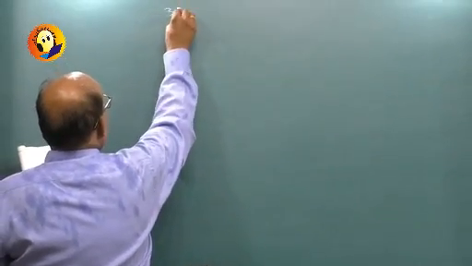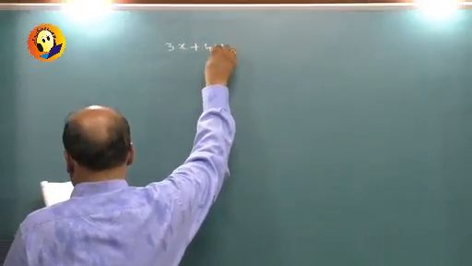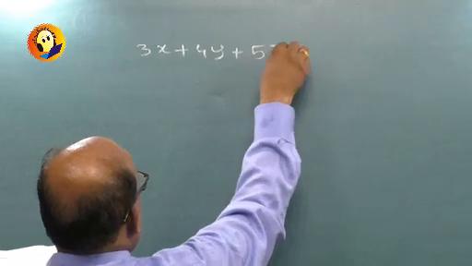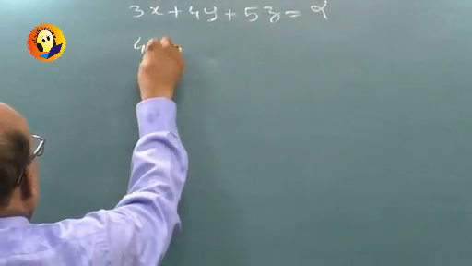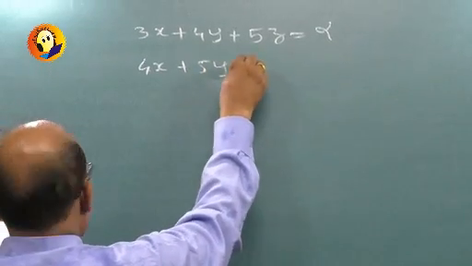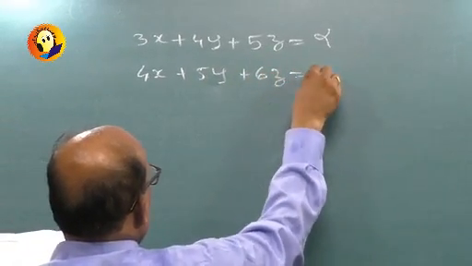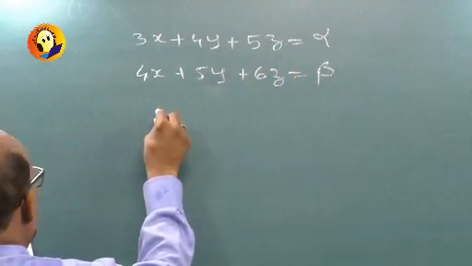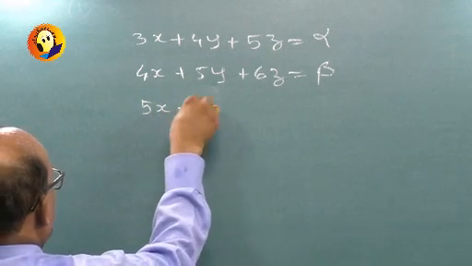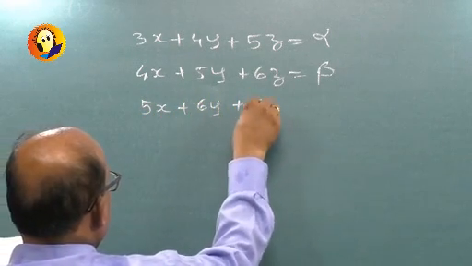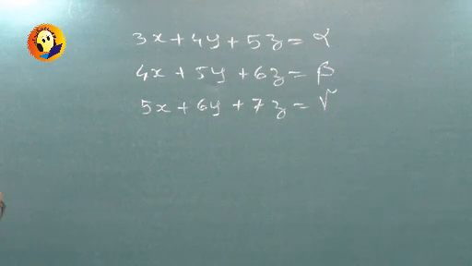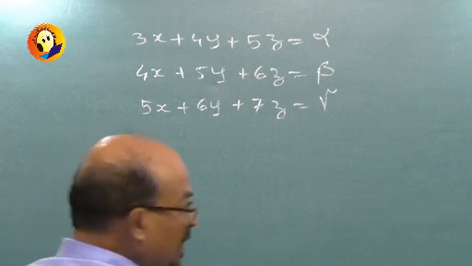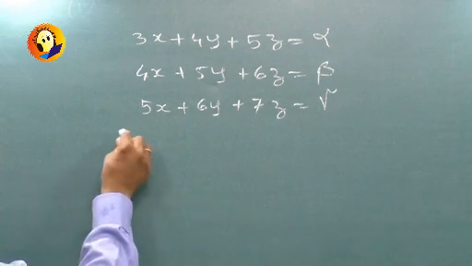He says it is 3x plus 4y plus 5z equal to alpha, 4x plus 5y plus 6z is equal to beta, and 5x plus 6y plus 7z equal to gamma. He says that these equations are consistent.